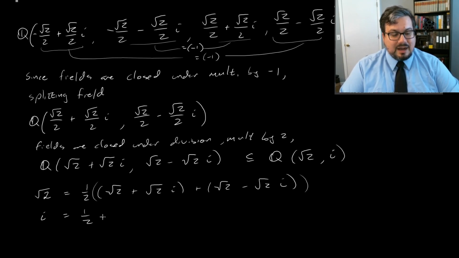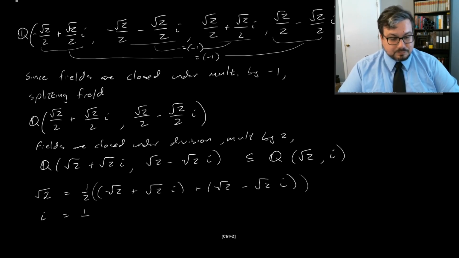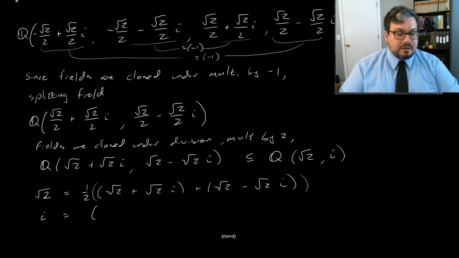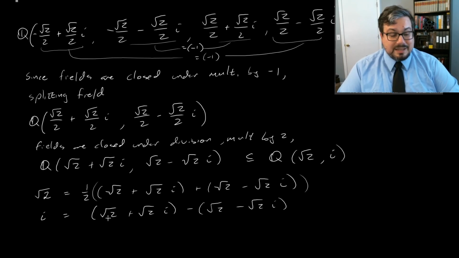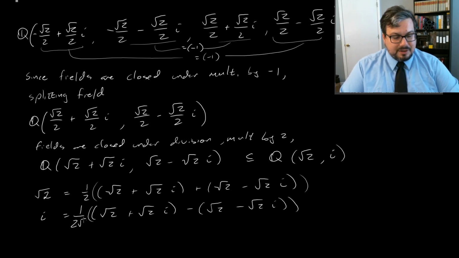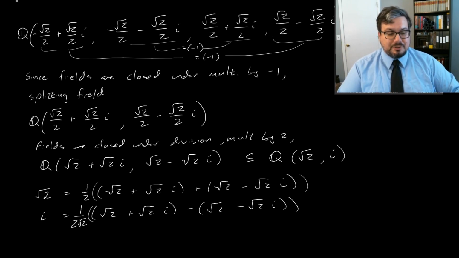And similarly, i is equal to 1 over, if we take √2 plus √2 i minus (√2 minus √2 i), we get 2 times √2 i. And so we can divide that by 2√2. And you say, well, wait, can we divide by √2?